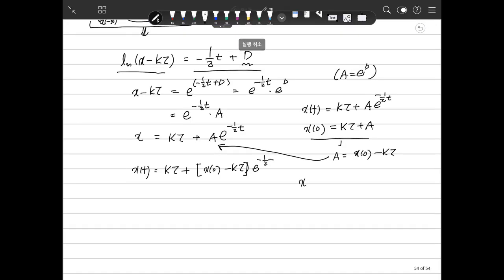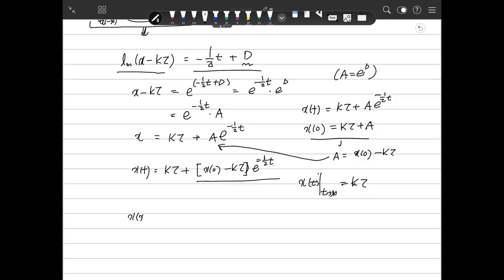Then if t goes to infinity, what happens here? The exponential term will be 0. Why? Because of this, so there will be k tau.